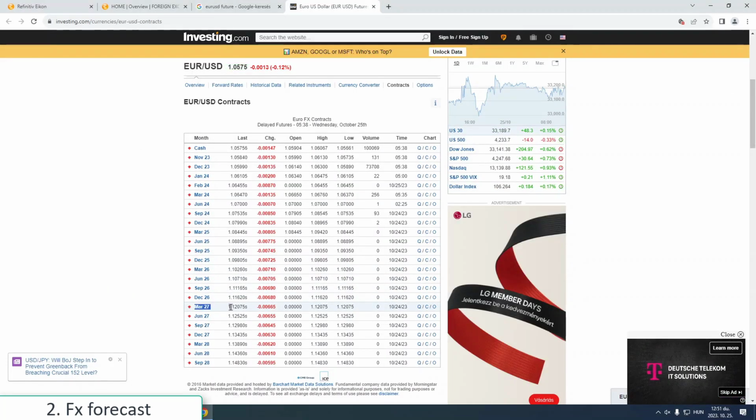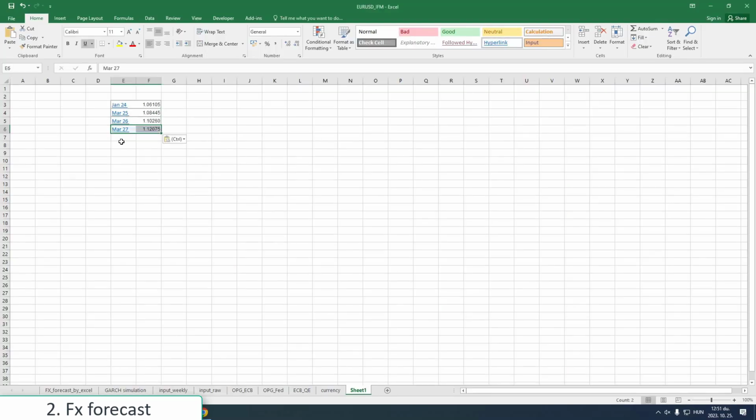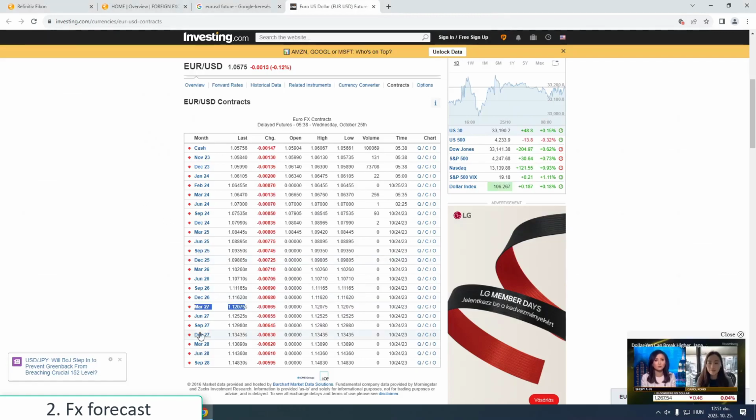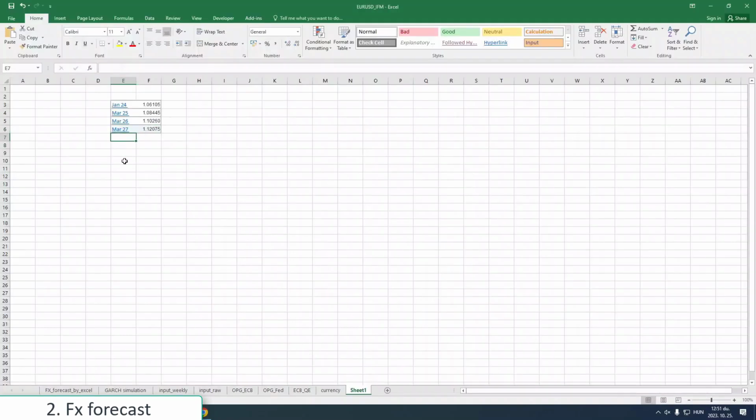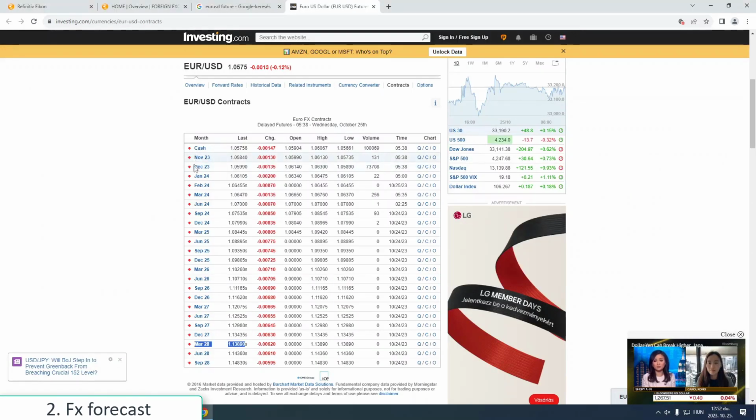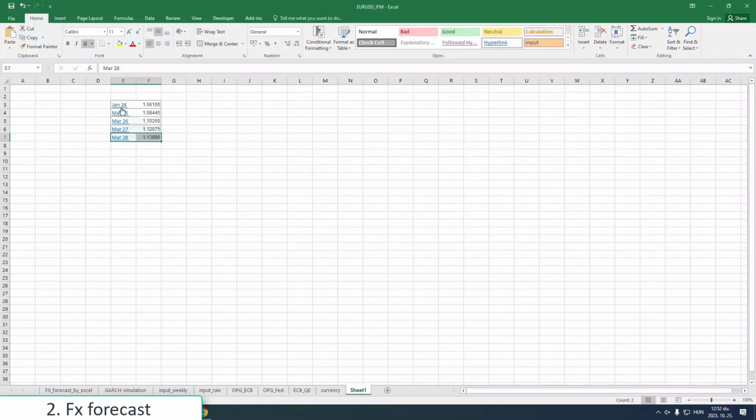Then also here from the March. And in this case, let's also grab the March data, because it will be much more reliable.